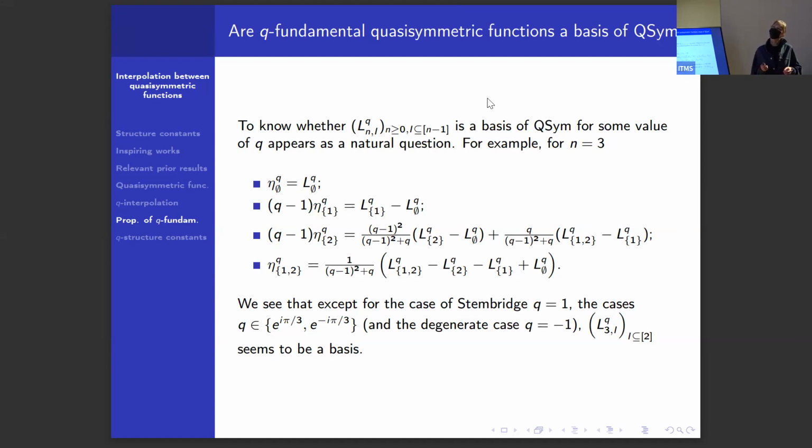Here I expressed the enriched Q monomial in terms of Q fundamental quasisymmetric functions for n equals 3, and we see that the Q fundamental quasisymmetric functions behave as a basis, except in the case of Stembridge, Q equal 1, the degenerate case Q equal -1, that is not surprising, and then also for the two other roots of unity. So this little example gives us the pattern on a unit circle.